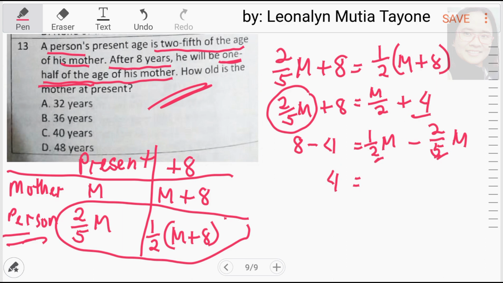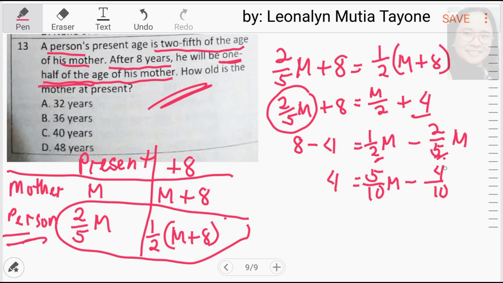Tapos ito, ang least common denominator nila ay 10. 10 ang least common denominator nila. 10 divided by 2 equals 5 times 1 equals 5. In other words, si 1/2 M ay pareho lang sa 5/10 M. 10 divided by 5 equals 2. 2 times 2 equals 4.